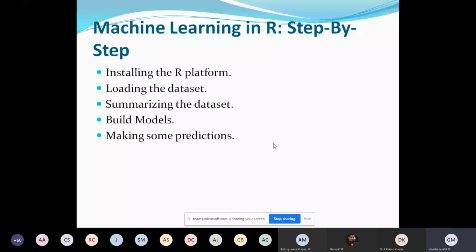Then we have to summarize the data set, that is, how many instances there are, how many attributes there are, and so on. Next, I build the model using any one of the algorithms. After building the model, the next step is making some predictions. These are the processes of machine learning in R.